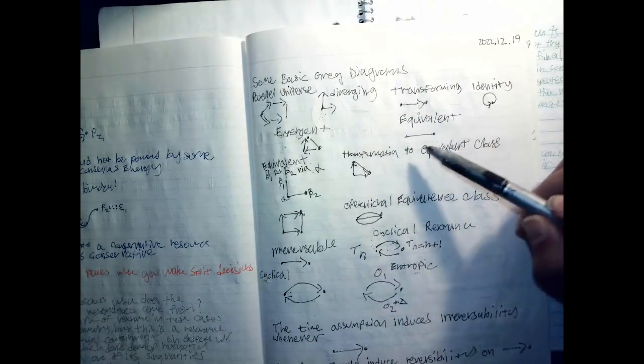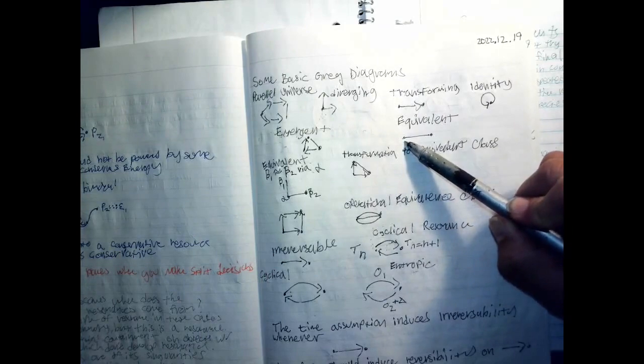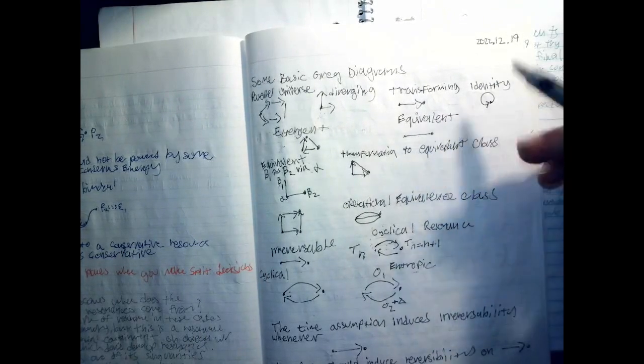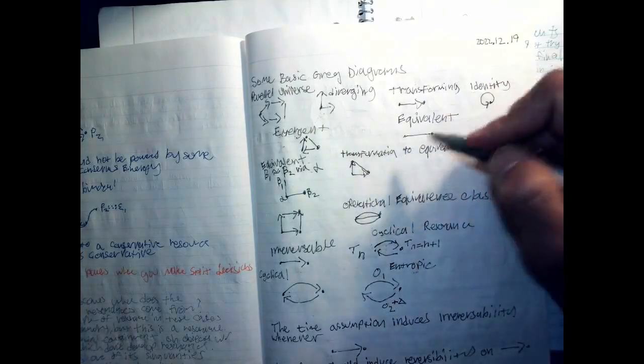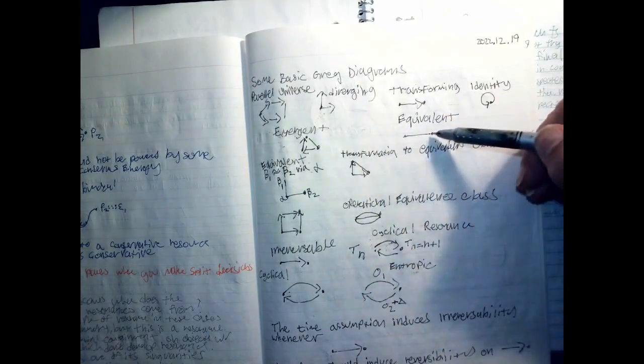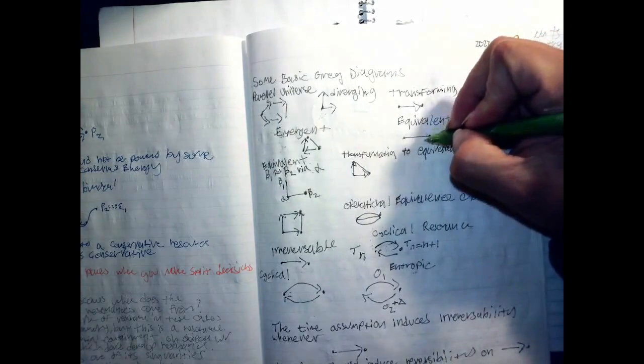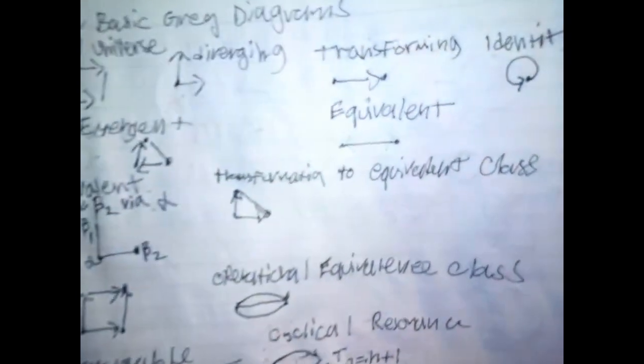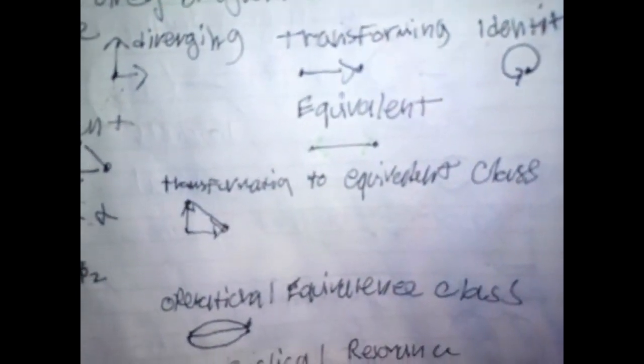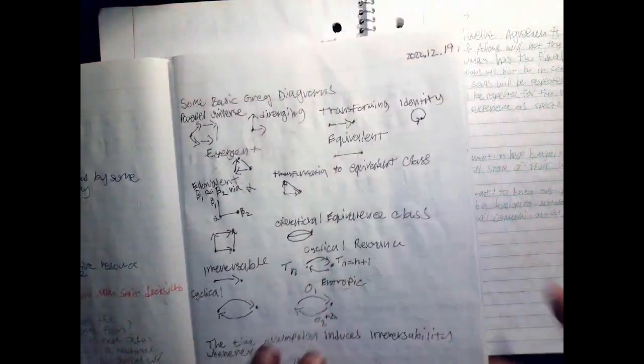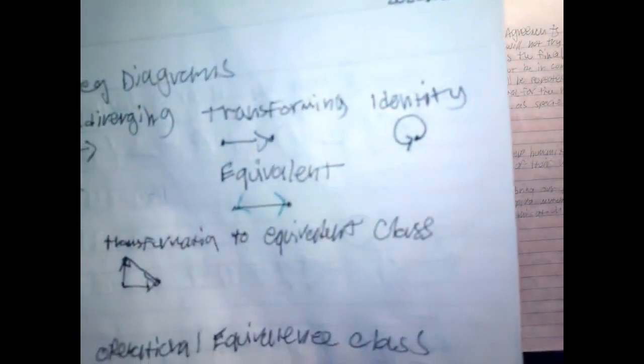And if two things are equivalent, I figure that it would be two points connected by an arrow to show that there is some way to get back and forth, because essentially I consider a straight line to be an arrow in both directions. So this is also an arrow in both directions, which you can see I tried to draw in really bright green. So there it is with blue arrowheads now.